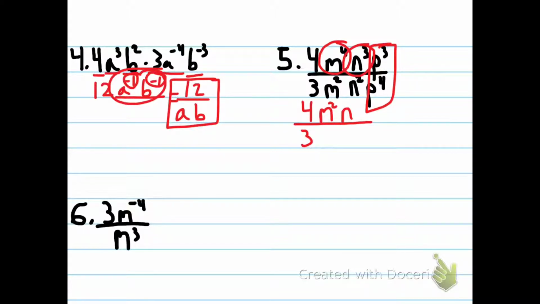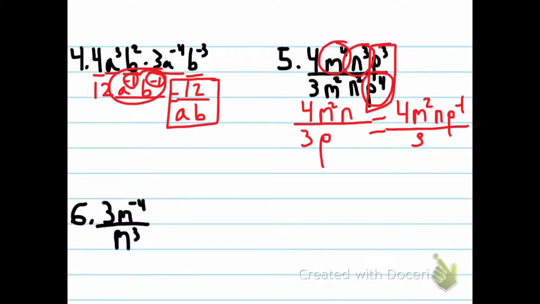And this side has more 4's. So what you can actually do is just put the p on this side, or you could have written it out like 4m squared and p to the negative 1 over 3p.